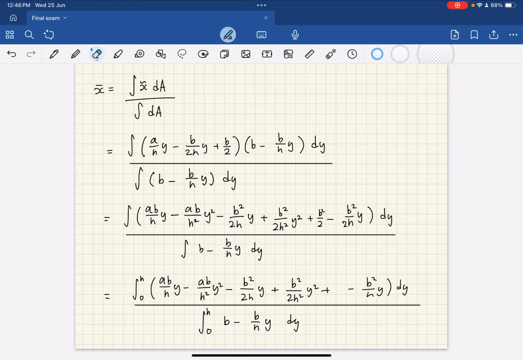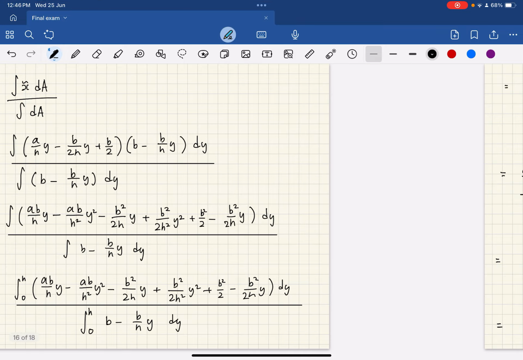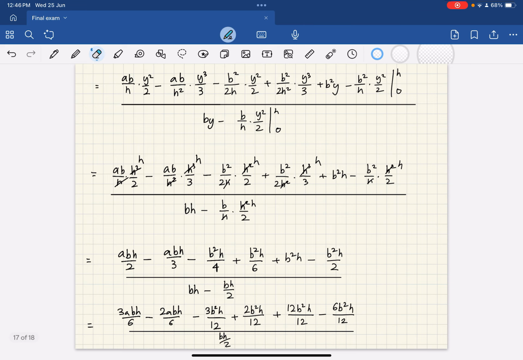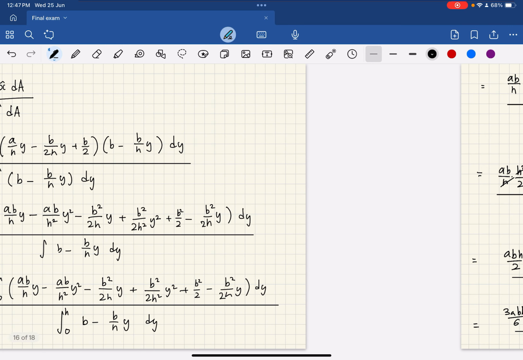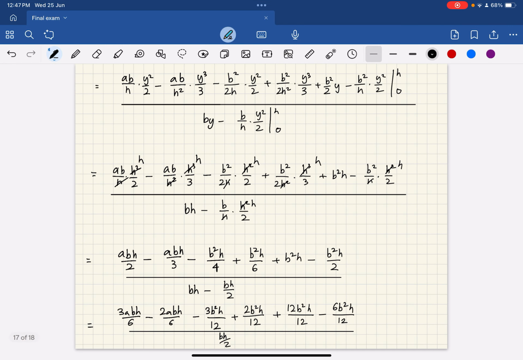So let me just correct it right here. B squared over 2 and b squared over 2hy. Okay, then it is supposed to be plus b squared over 2y, right? Plus b squared over 2y. Okay, b squared over 2y minus b squared over 2h, yeah, times y times 2.